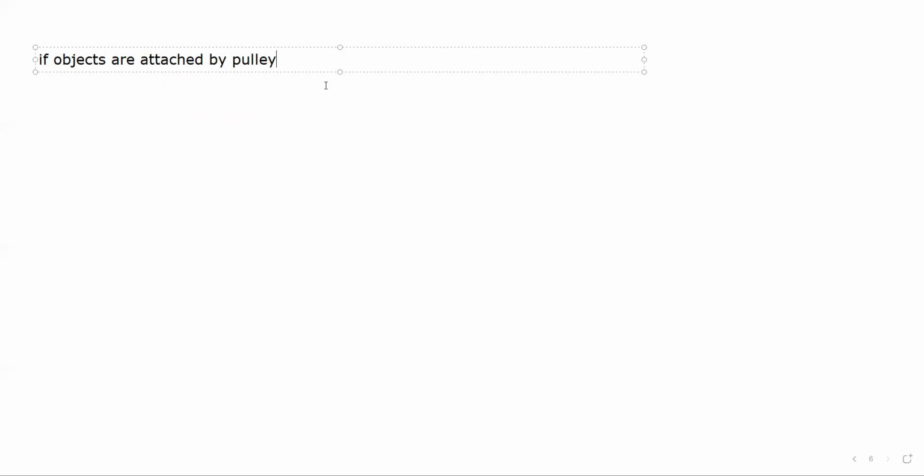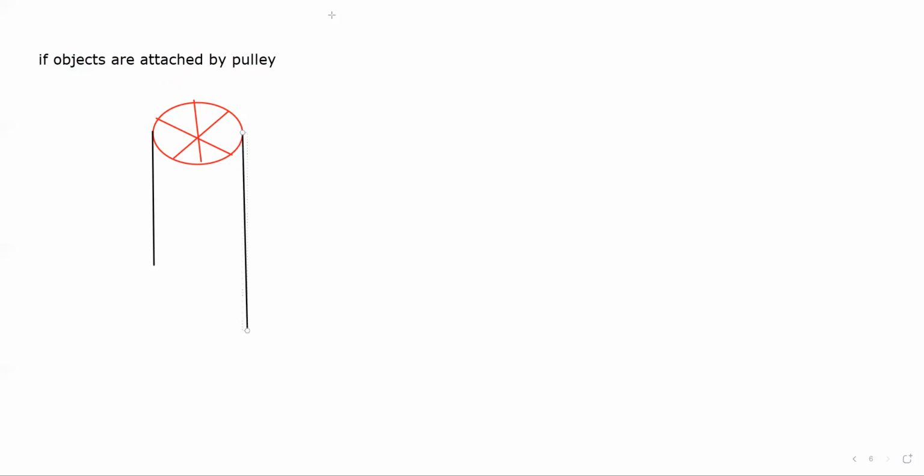If it is stationary, for example, if this is a pulley and a string or wire is passing over this pulley, with two objects, it can be stationary. If this is M1 and this one is M2, T1 will act upward, T2 will also act upward because the direction of the tension is to pull the object.